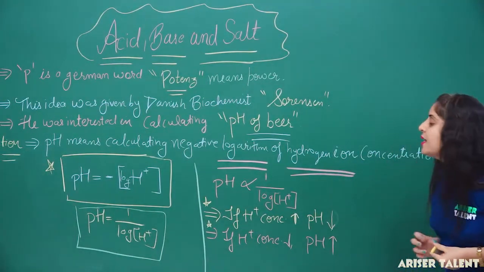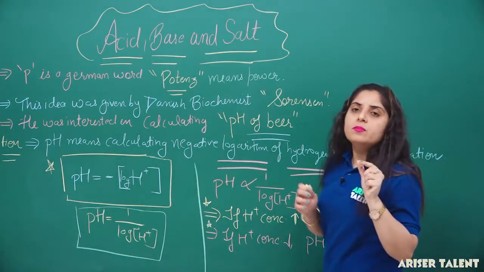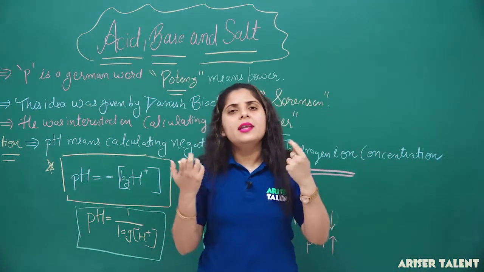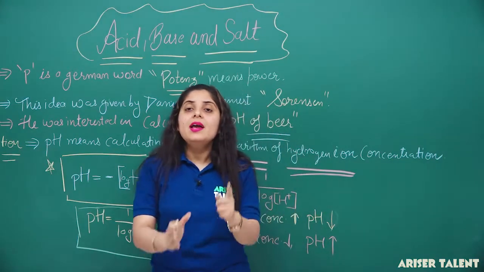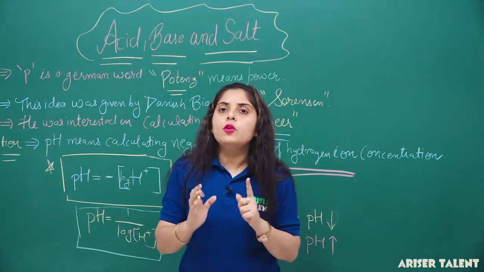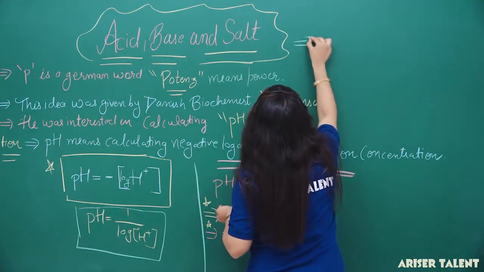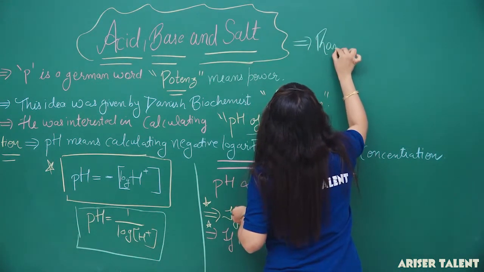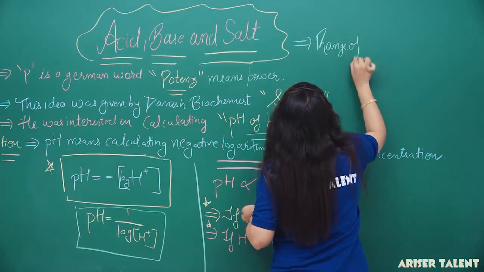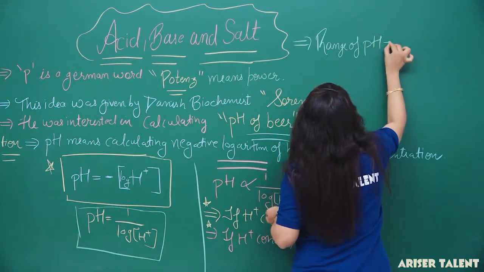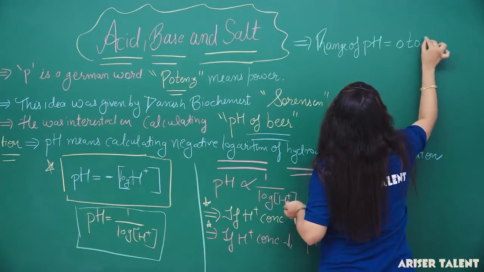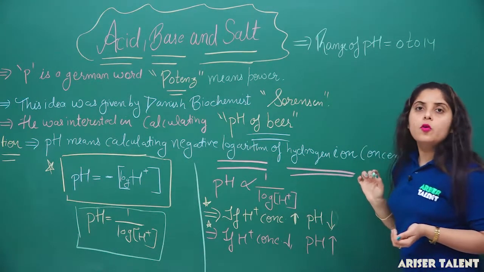Now we can say that the pH of anything in our body or in our environment lies between 0 to 14. So the range of the pH is 0 to 14.